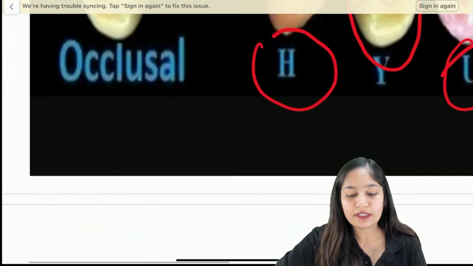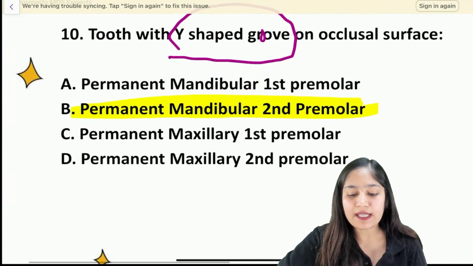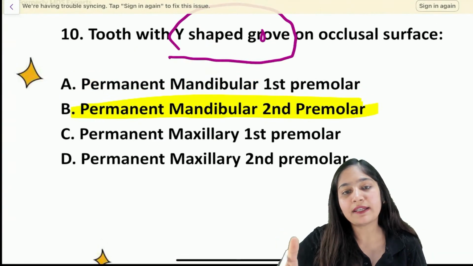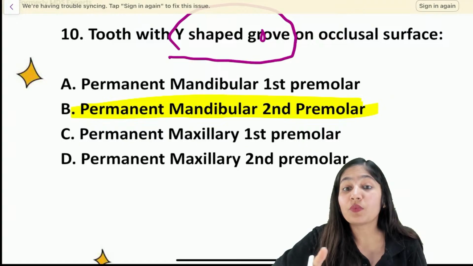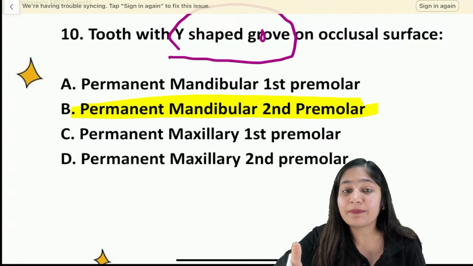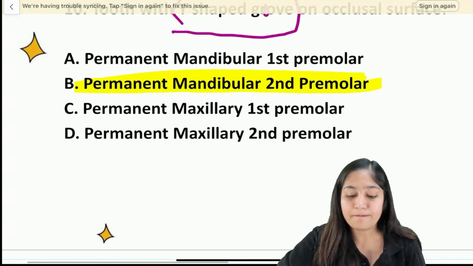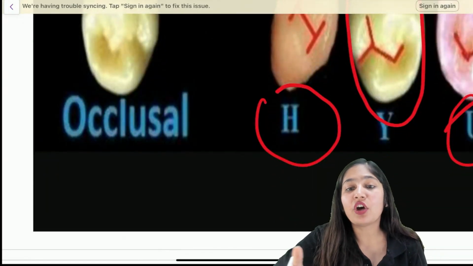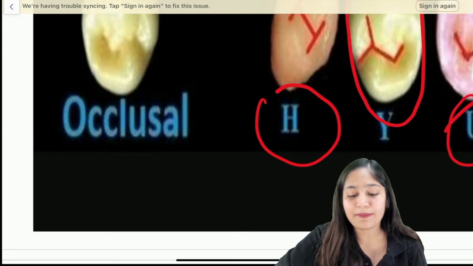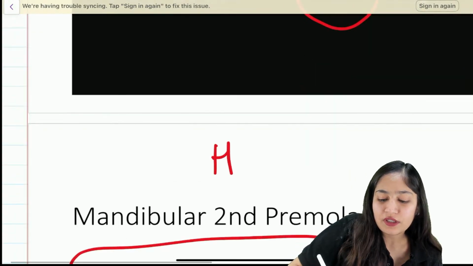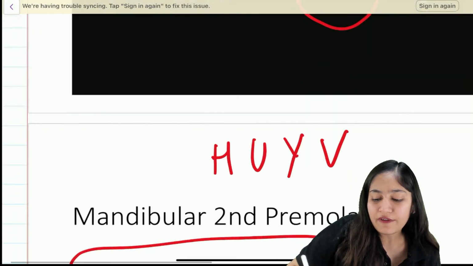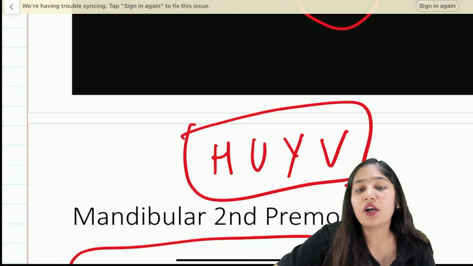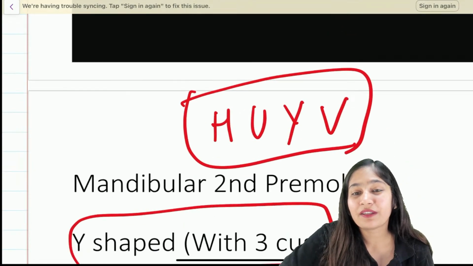So this is also an important question. It was asked more than one time. It can be asked which pattern, except the 3 of the options, is not a pattern of mandibular second premolar. So it can be asked H, U, Y or V. Which of these is not an occlusal pattern of mandibular second premolar?